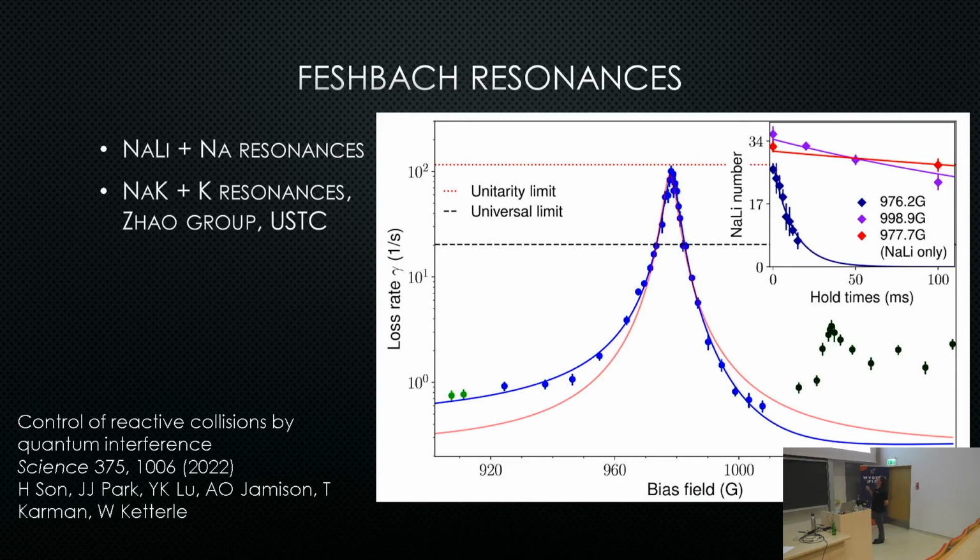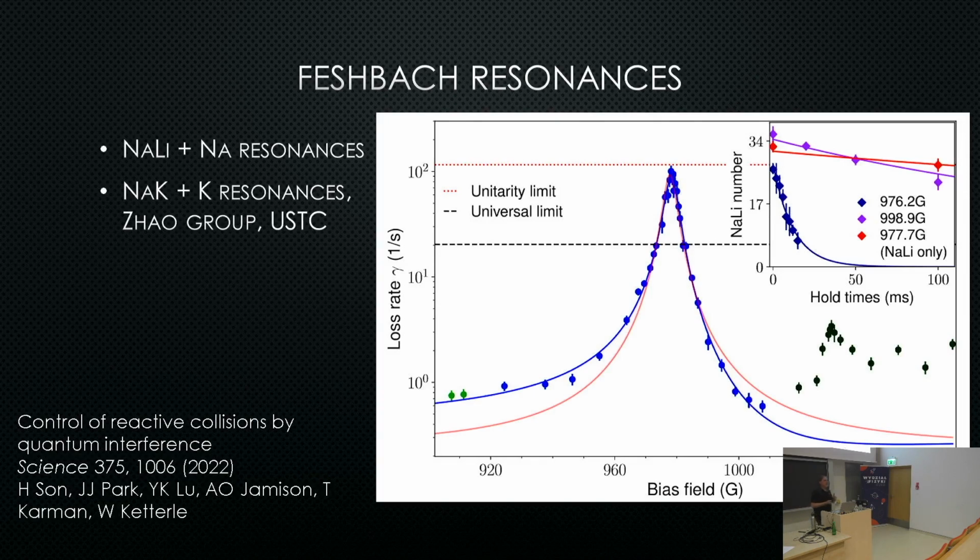Now, I should say there's also work before this, the first observation of these atom-molecule Feshbach resonances from the Zhao group at USTC in sodium, potassium plus potassium. And so we wrote this up along with this sort of Fabry-Perot model in this paper from 2022. But seeing these two different kinds of resonances gets you to think, well, what else can we learn about reactions by looking at different resonances, their different properties, these sorts of things.